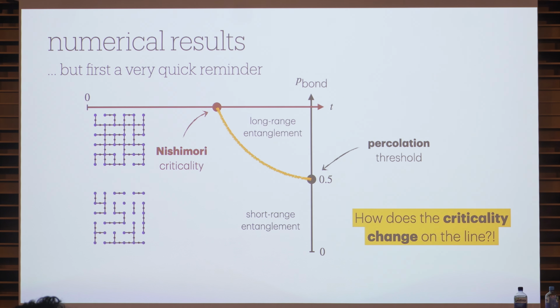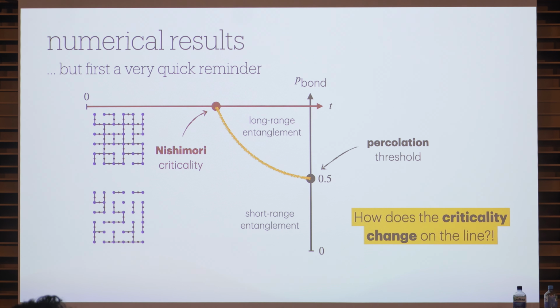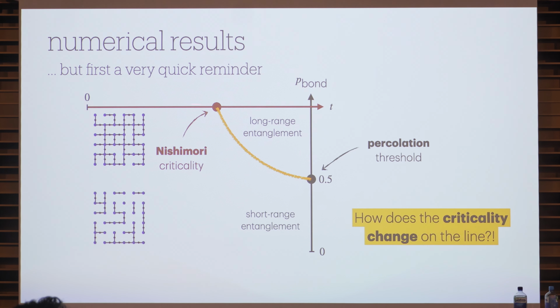So we had this phase diagram where on the y-axis we had this percolation transition, and on the x-axis we had this Nishimori transition. And we wanted to ask the question how the criticality between these two kinds of critical points changes as we move along this line.